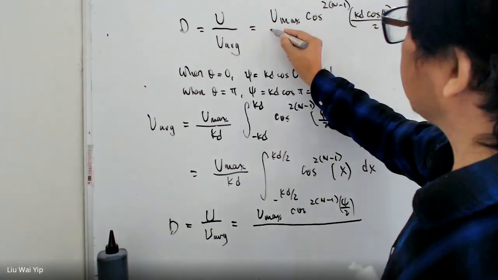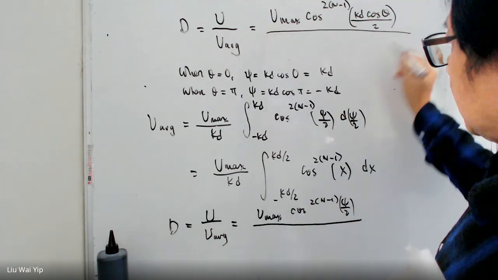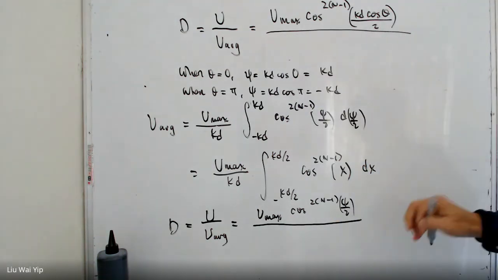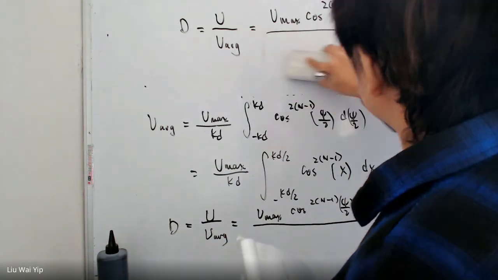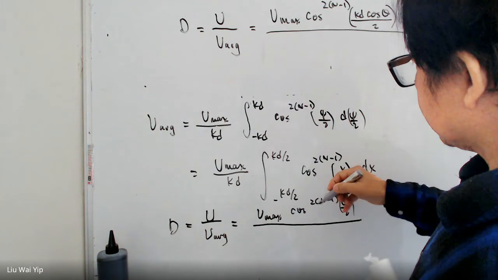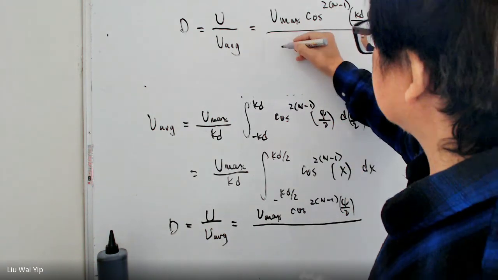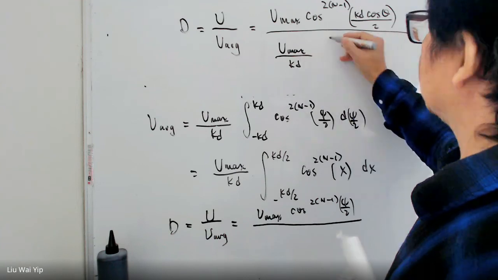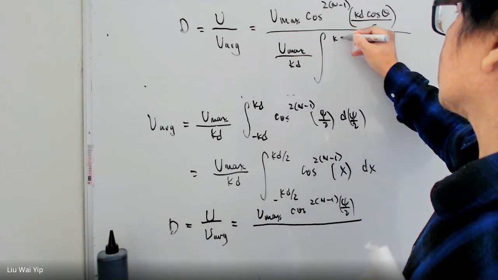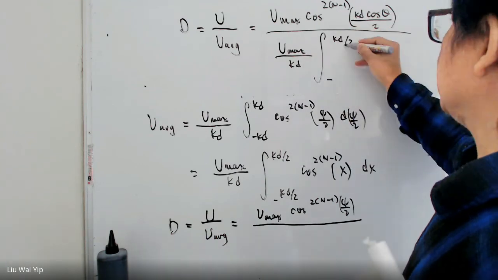And at the bottom, we are going to move this function into here. So it will be this one here, U max divided by KD minus.